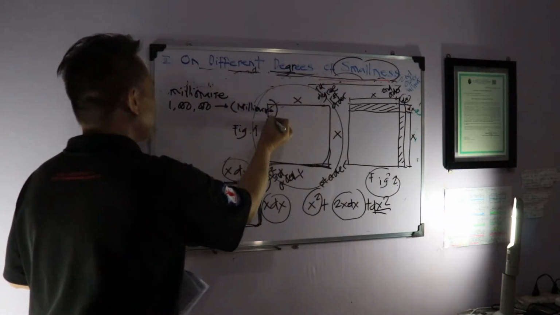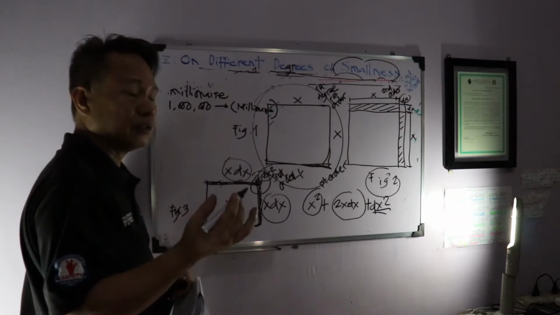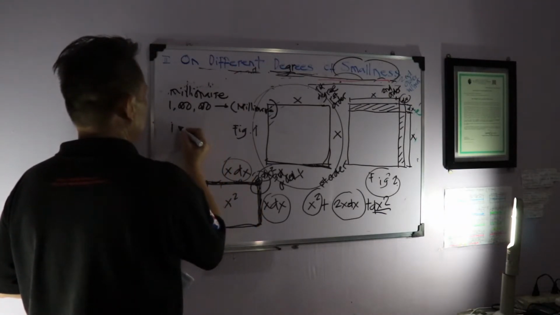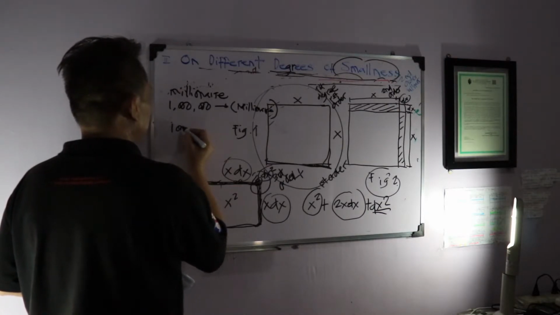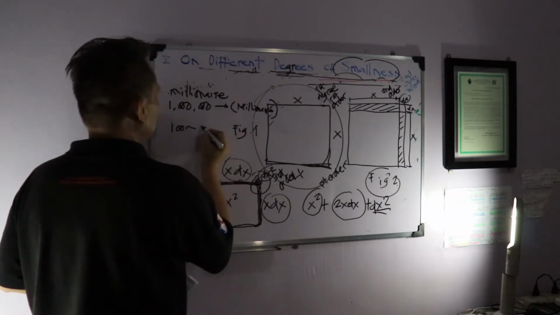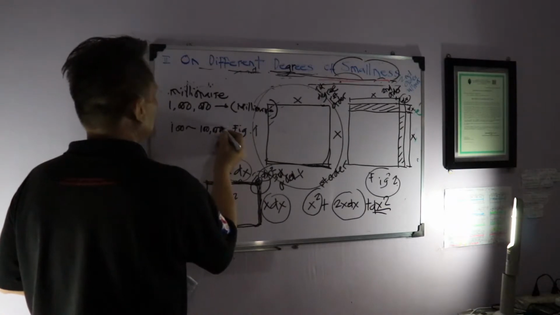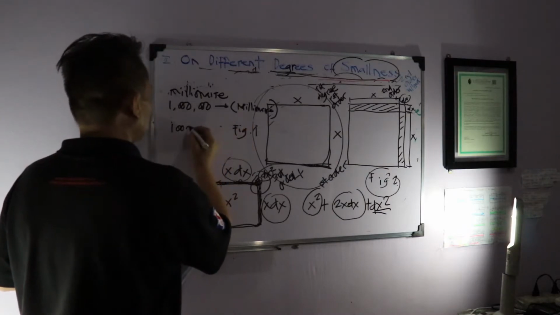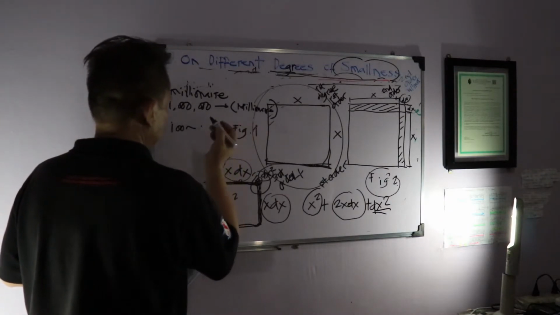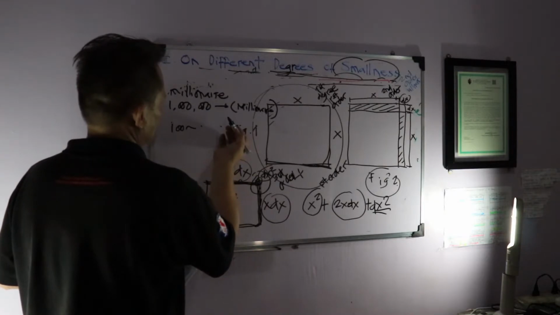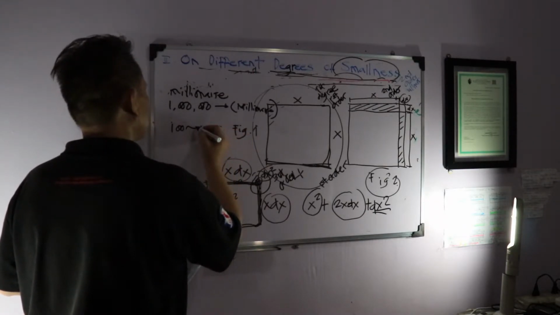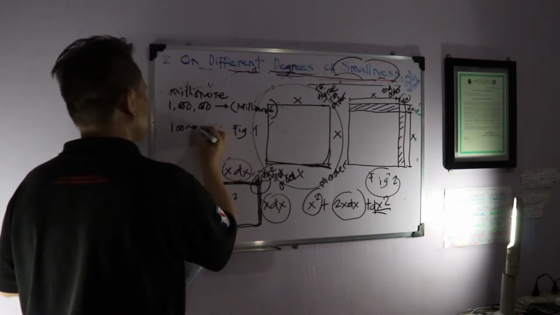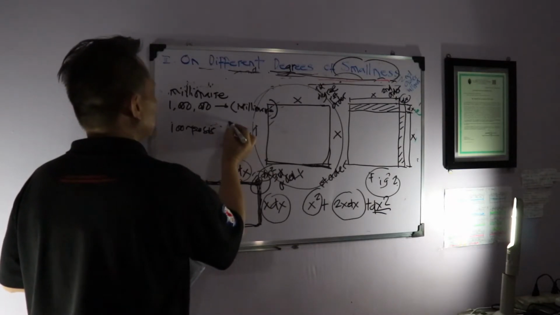The millionaire will get, shall we say, 100,000, or 100 pesos. It will not say something. 100 pesos for the secretary.